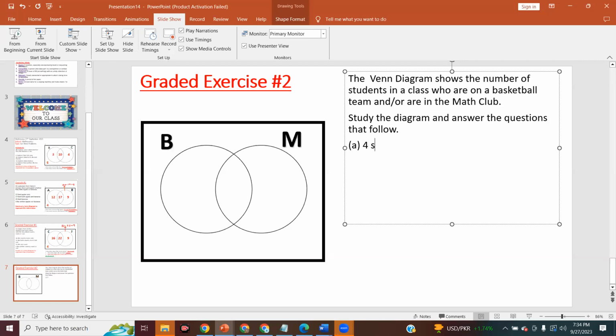A, four students were on neither team. Place the four in the correct region of the Venn diagram.